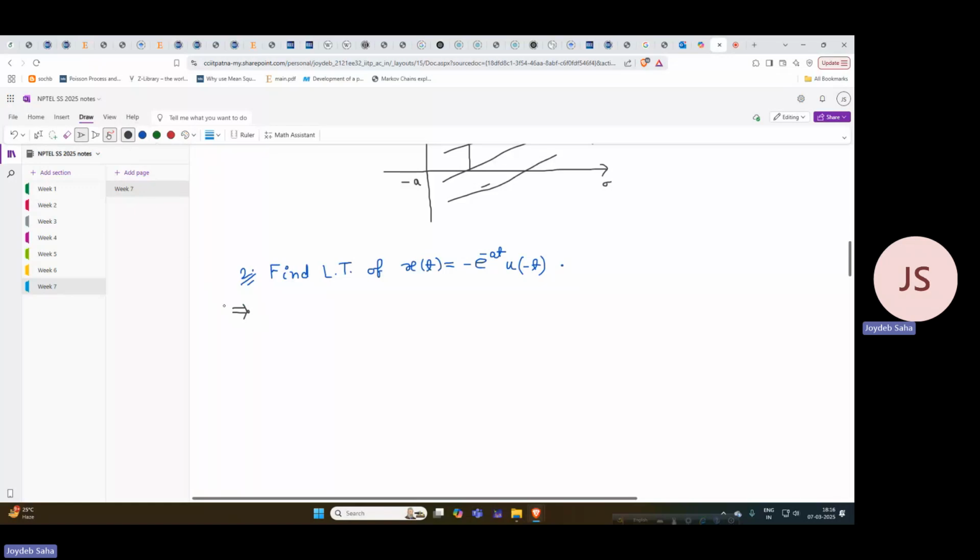Try to solve. Solving is important. At least you try.